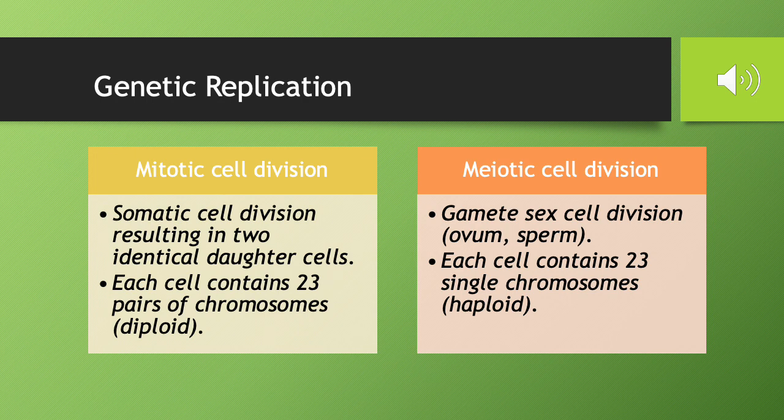mitotic cell division. And then we have meiotic cell division, and this is more applicable to sex cell division. So we would look at ovum and sperm when it comes to meiosis or meiotic cell division. So each cell contains 23 single chromosomes.